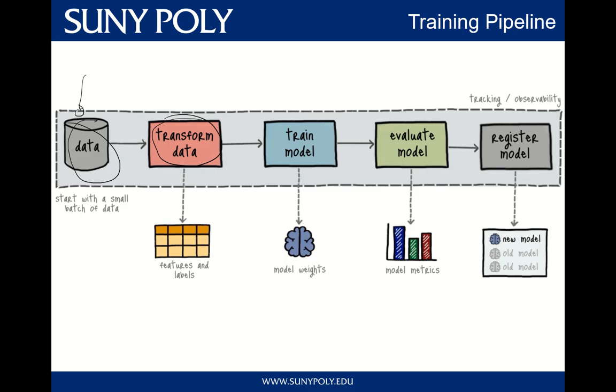We know how to clean our data in general and create new features if they are required. So here we have features and labels. Once we have automated this, of course, we train our models. We evaluate the model or models, depending on the situation. And of course, we register the performance, new model, old model. In some cases, we will need to update the model, but we need to register and keep track of the versions.